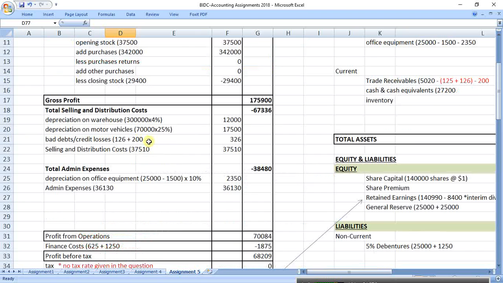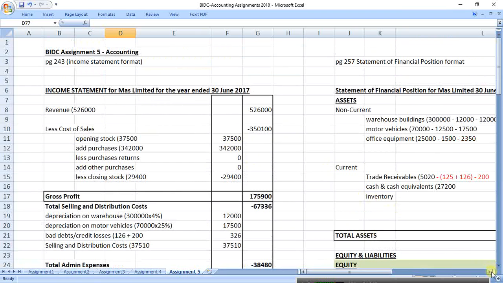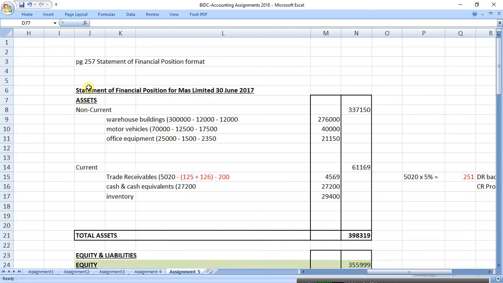Okay, in terms of the financial position, I'm just going to take an extract of what we had here earlier. Okay, there it is. I'm just going to write this down.